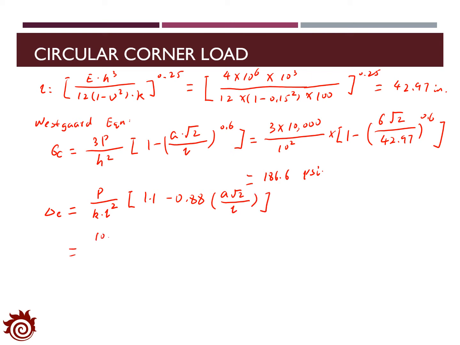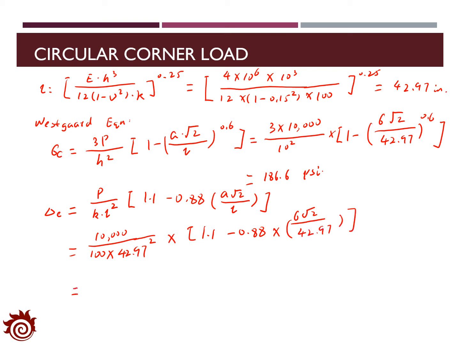That is 10,000 divided by 100 times 42.97 squared times (1.1 minus 0.88 times 6 square root 2 divided by 42.97), which will give you the result as 0.0502 inches.